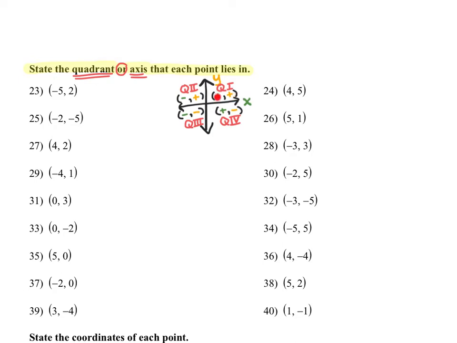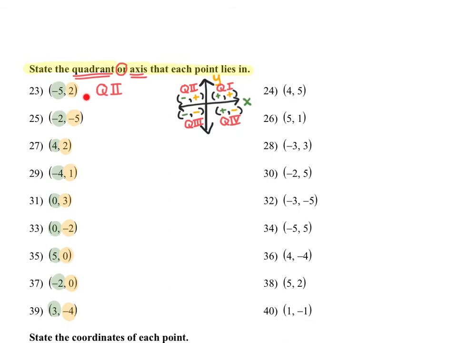For quadrant 1, both of them will be positive. Quadrant 2, the x value is negative, the y value is positive. Quadrant 3, both of them are negative. And quadrant 4, the x value is positive and the y value is negative. If it falls on the y-axis, the x value would be 0. If it falls on the x-axis, the y value is 0.